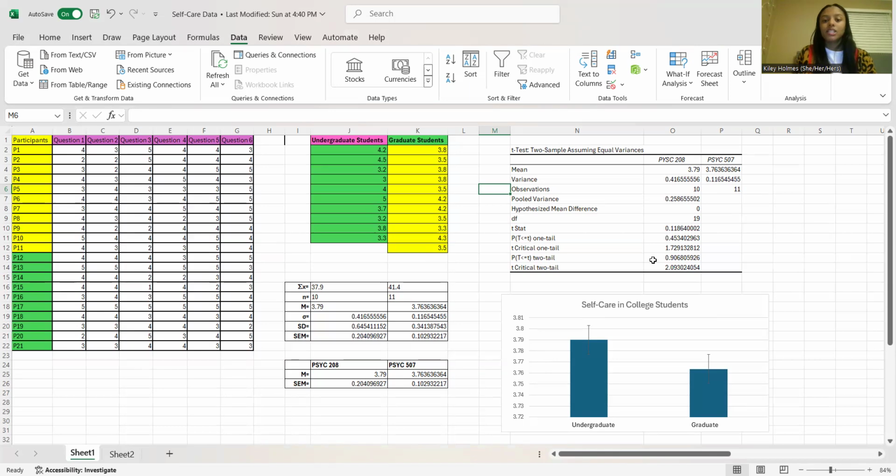We had the t-critical 1 tail, which was 1.79, the 2 tail, which was 0.9, and the t-critical 2 tail, which was 2.09.